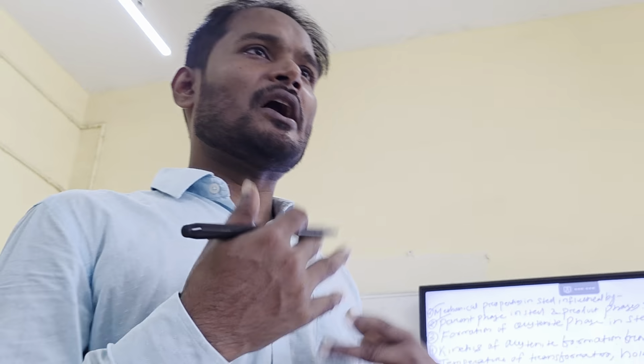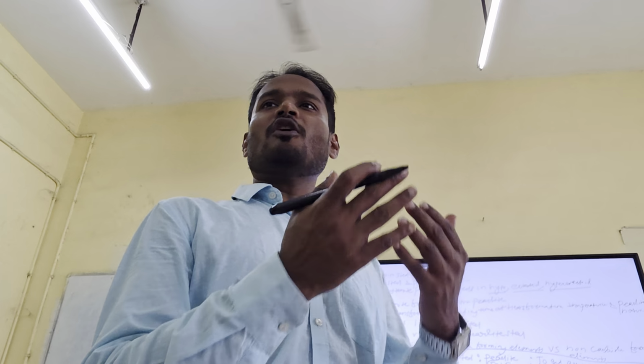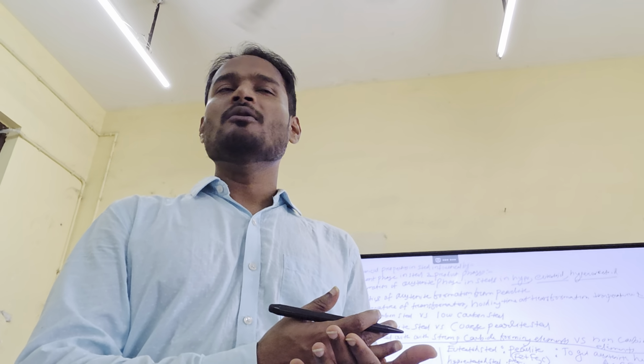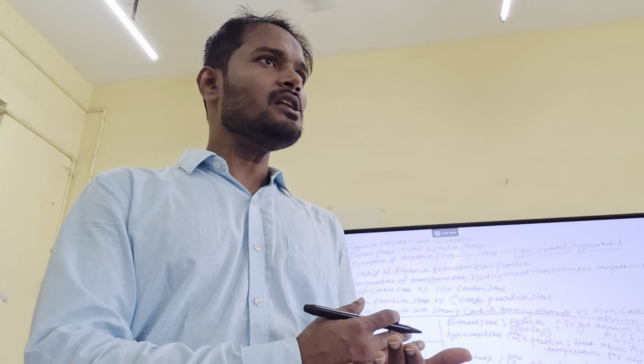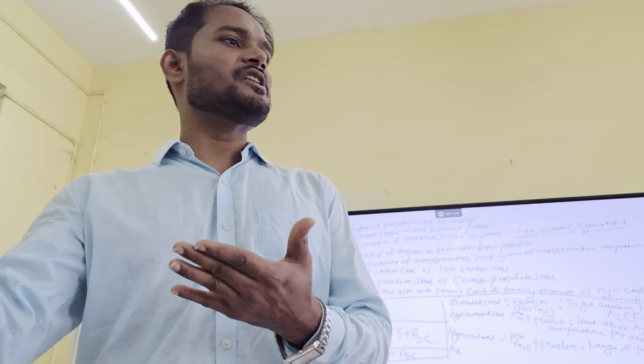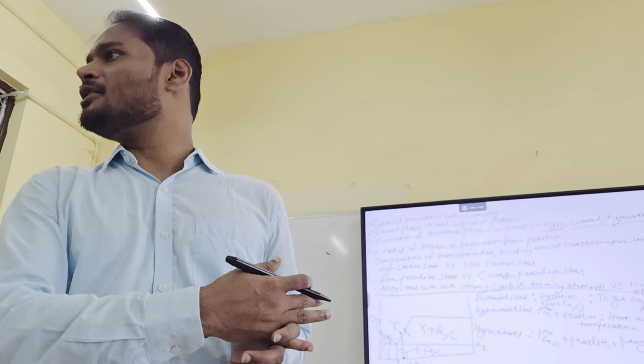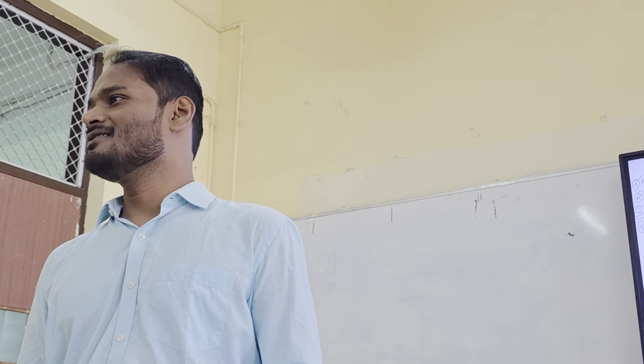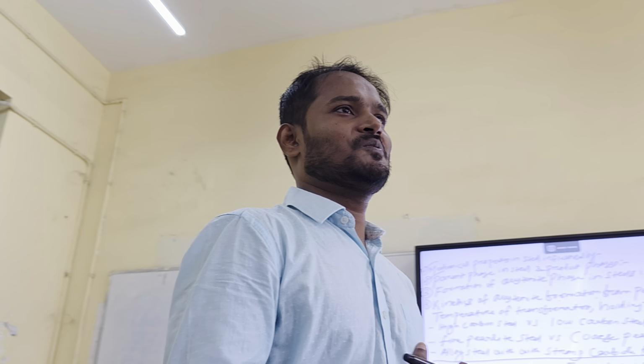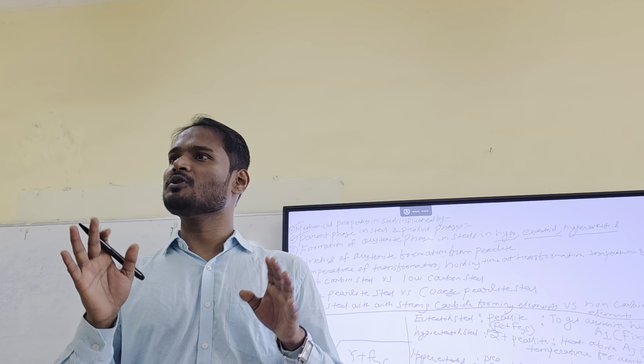Got my point? So these are the important points. So you understood why this is happening? Because of pro-eutectoid alpha phase present in the hypoeutectoid steel and pro-eutectoid cementite present in the hypereutectoid steel. That is the main reason. But in the case of eutectoid steel, there is no pro-eutectoid phase. Only pearlite is there. So it can easily transform into austenite. No issue. You understood my point?